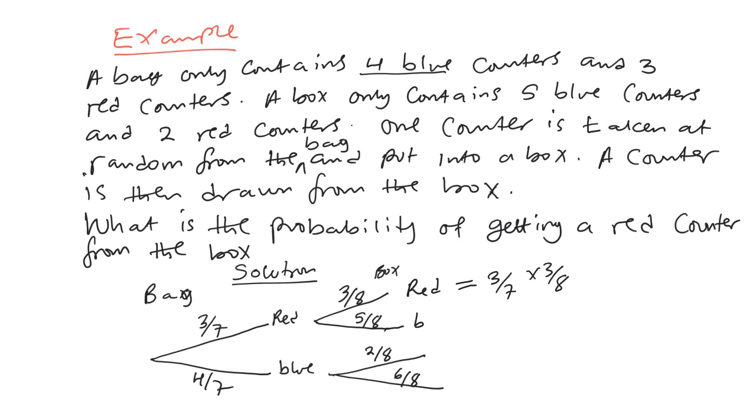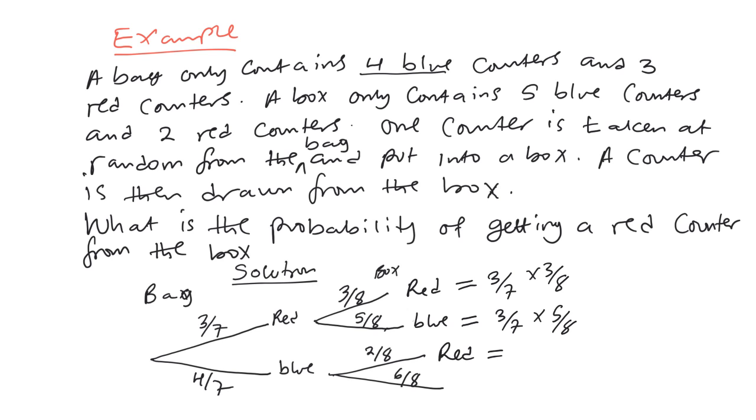Or we can have a blue. You picked a red from the bag and placed it into the box, but you are picking a blue. So this is 3 over 7 times 5 over 8. Or it could be the other way. You picked a blue from the bag and placed it into the box, and now when you want to pick something from the box, you land on a red.